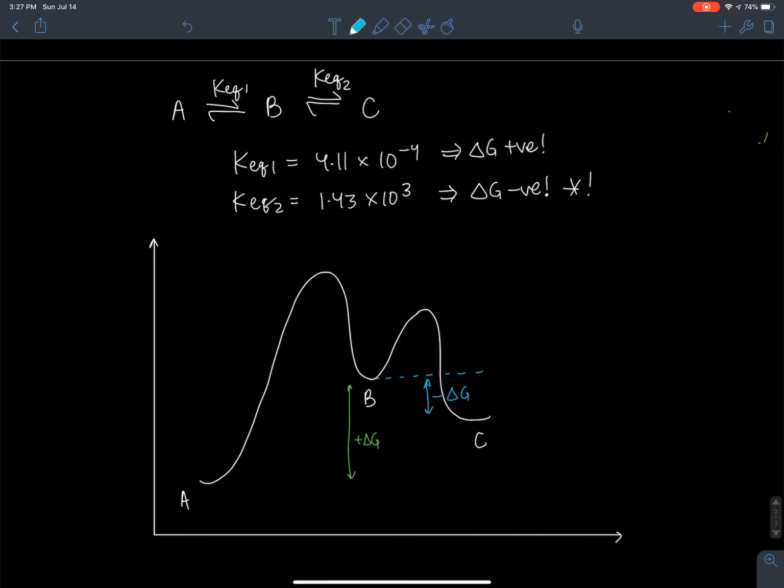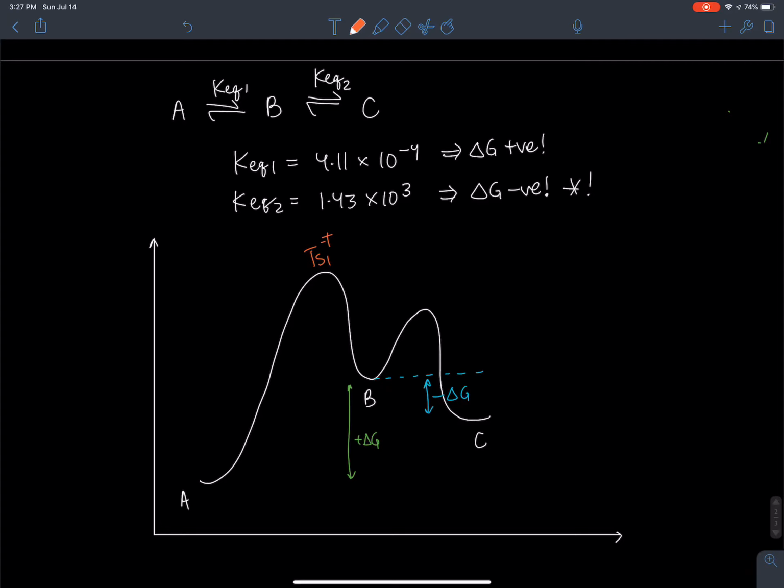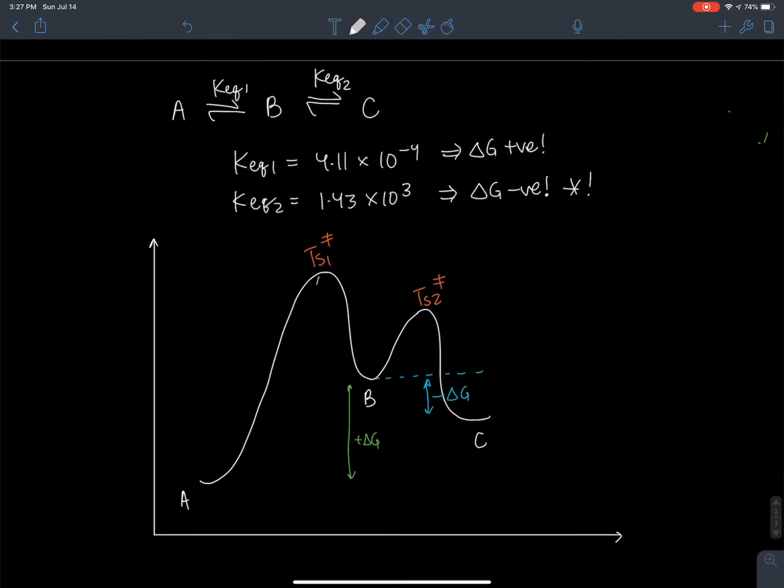Yeah, so what's left now is just labeling your transition states, and your activation energy.